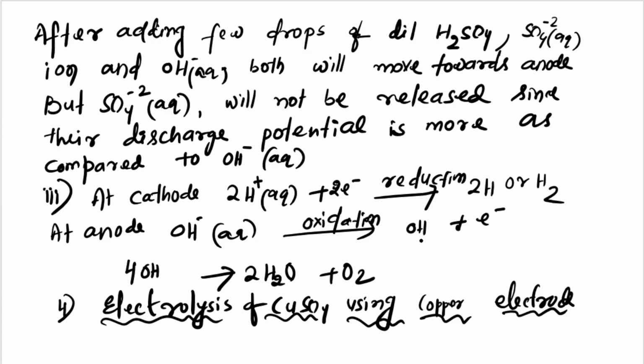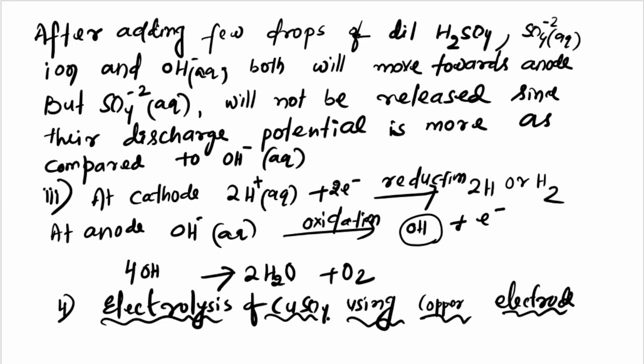OH minus loses an electron and gives OH radical. When 4 OH radicals combine, they give 2 water molecules and an oxygen molecule. That means the sulfate ion, where the discharge potential is more, is not discharged.